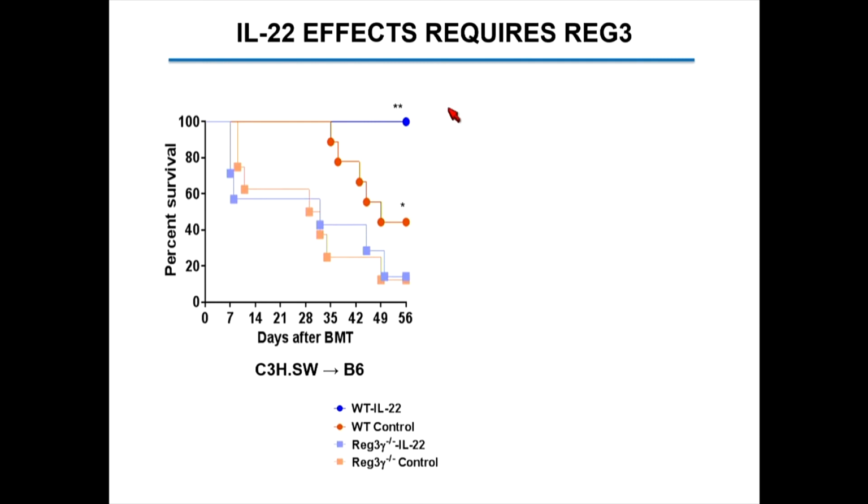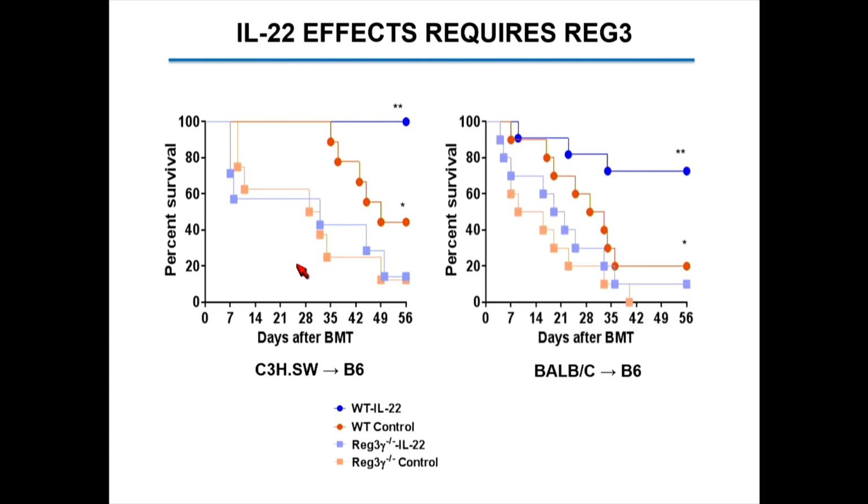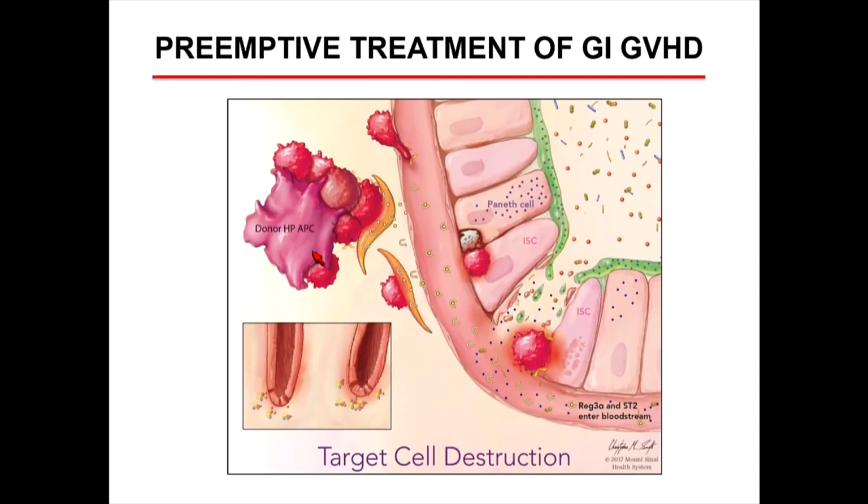In the wild-type, this has been shown before by Alan Hanash and Marcel van den Brink. You can rescue mice by giving them IL-22, but not if you can't make Reg3. And that's true both in a minor antigen mismatch model of GVHD and a fully allo model. So Reg3 is required for the beneficial effect of IL-22.